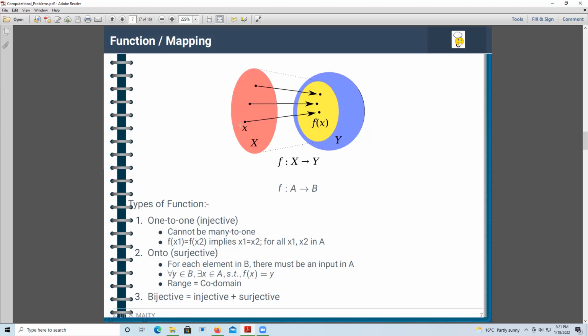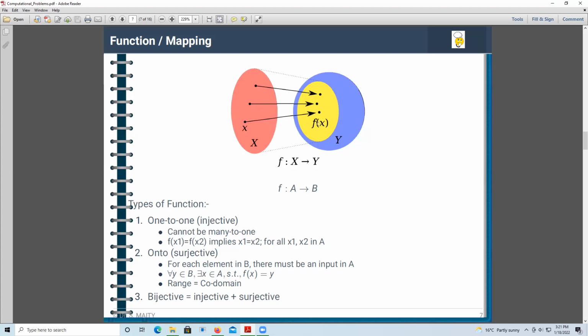If f(x1) and f(x2) are the same, it is a many-to-one, because two values are mapping to the same point. It is not allowed. So for every input value you will get a unique output value. Two input values cannot map to the same output value.